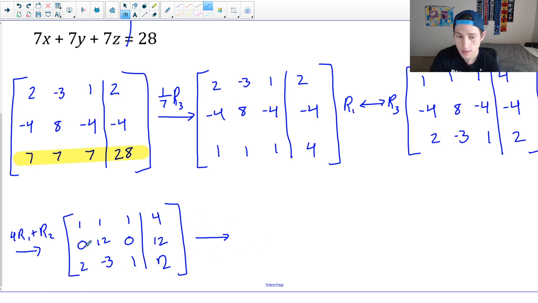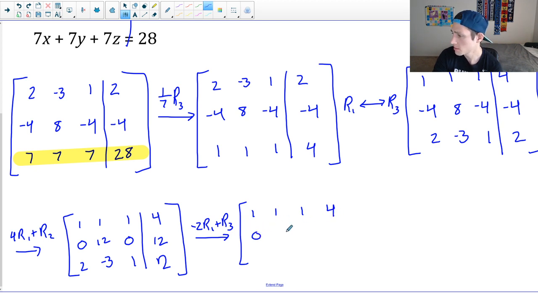Okay, so I have my 0 right here below the 1. Now I want to create another 0 below that. So again, we're going to use the 1 to make this 0. What would I need to add to 2 to make 0? Negative 2. All right, so let's do negative 2 times row 1 plus row 3. First row stays the same, 1, 1, 1, 4.